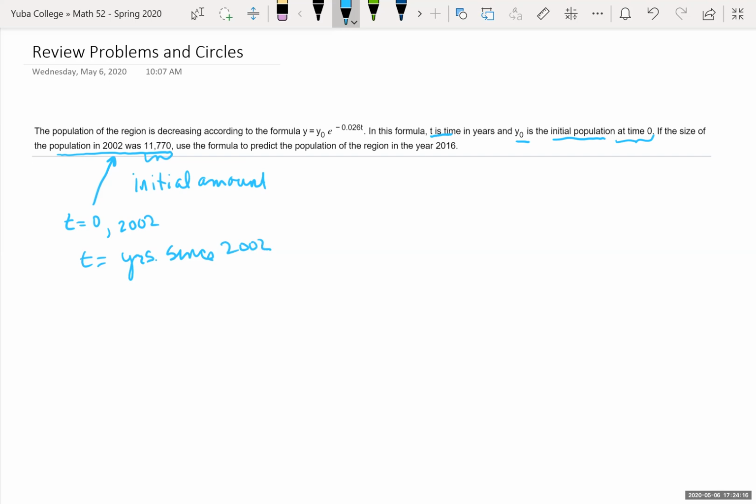And so we're just going to go back in and plug in what they gave us right here for y sub 0. So we have y is equal to our initial amount, which was 11,770, e raised to the negative 0.026t. And so now we have that equation.